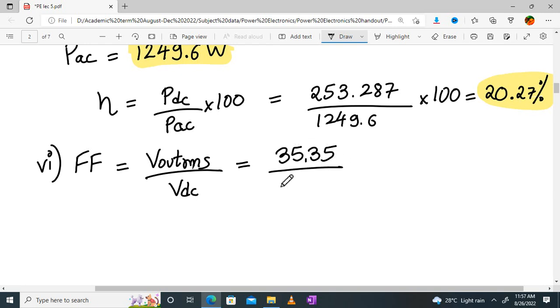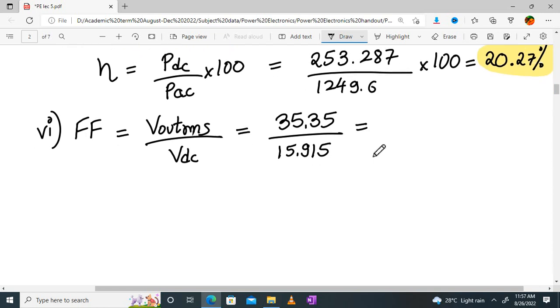VDC is 15.915. Just calculate this. Yeah, it's 2.22. Form factor.